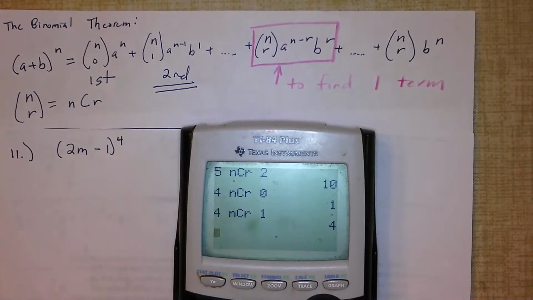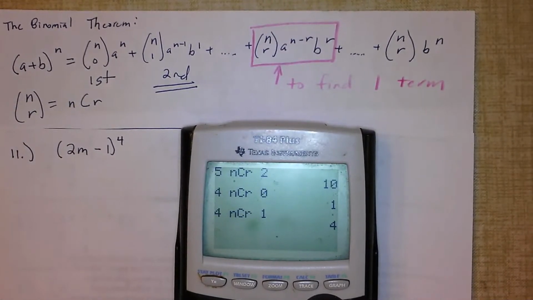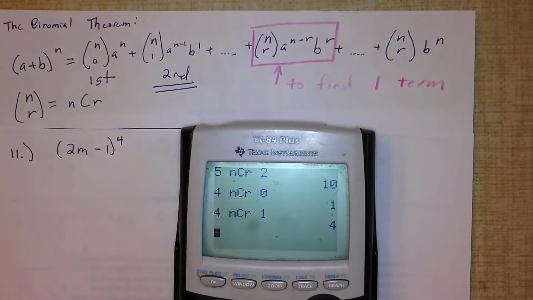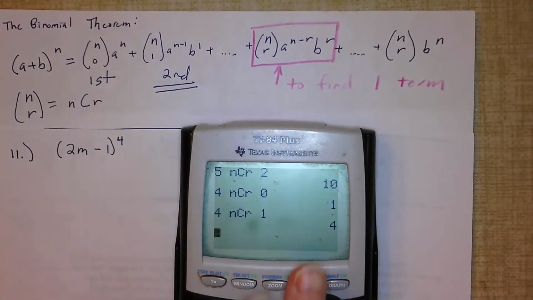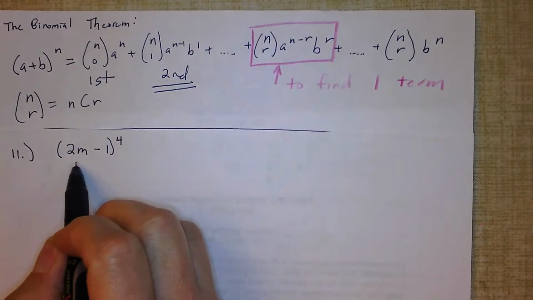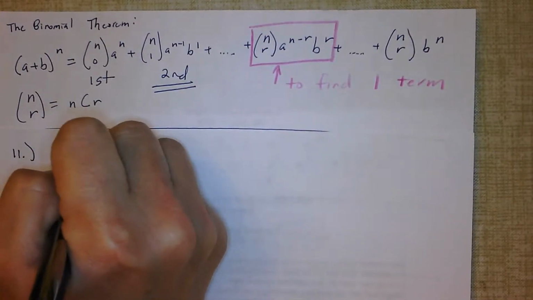I mean, that's totally fine. Or you could use Pascal's triangle. I'm going to do this one with the calculator, and then I'm going to do the other two, 13 and 15, with Pascal's triangle to show you both methods. So I'm going to use straight binomial theorem here. So I have, here's A, here's B.